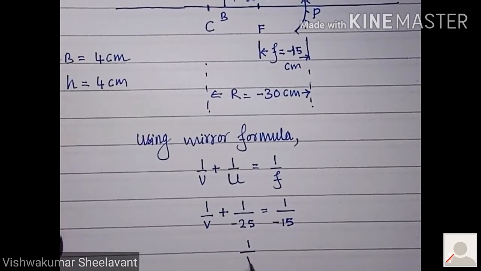So 1 by v is equal to minus 1 by 15 plus 1 by 25.